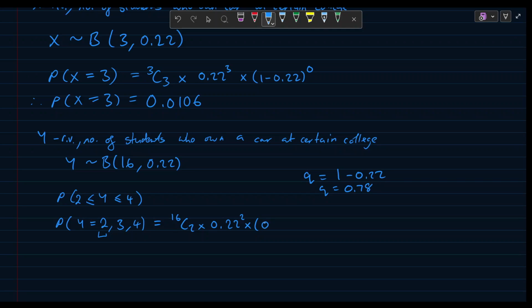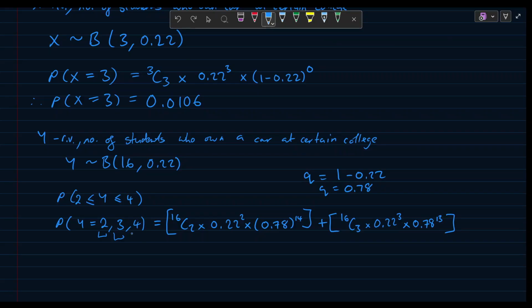So this is 0.78 raised to the power 16 minus 2, so 14. Alright, so this was y is equal to 2. Now let's move on to y is equal to 3. That will be 16 choose 3 multiplied by 0.22 to the power 3 multiplied by 0.78 to the power 13.